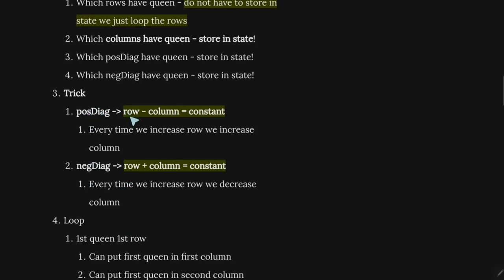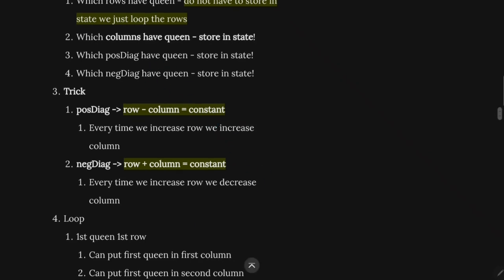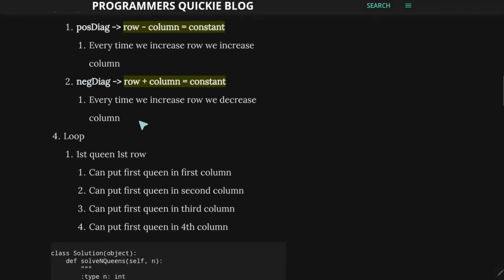So the positive diagonal is, if we place a queen at a specific row and a specific column, which is always the case, then all the cells with the same row minus column, which is a constant for where we place the queen, we cannot place queens. If we place the queen on cell 2, 3, then we cannot place any queen on cells whose sum is 2 plus 3, which is 5.